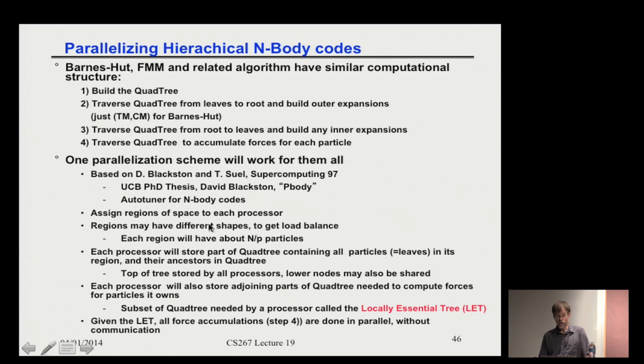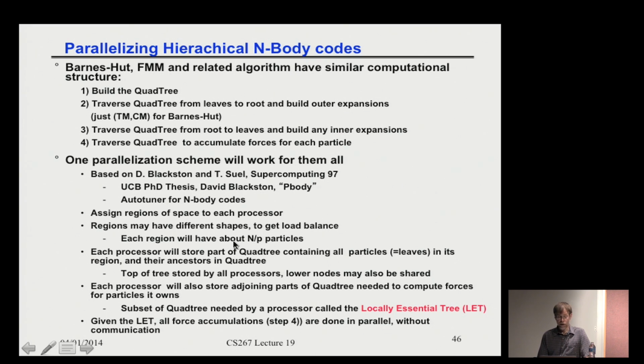So the first thing we have to do is make sure it's all well load balanced. We're going to assign regions of space to each processor, and the processor will be responsible for just those particles inside there, and talking to whatever neighbors are necessary. These regions are not going to be squares, they're going to be other shapes because we have to get load balance. There are several different interesting ways to choose different sizes of space.